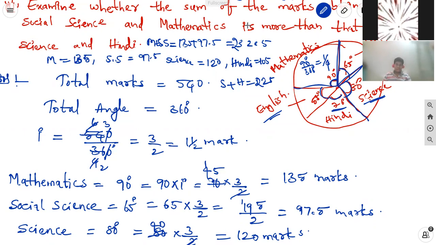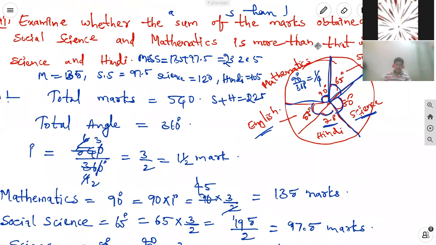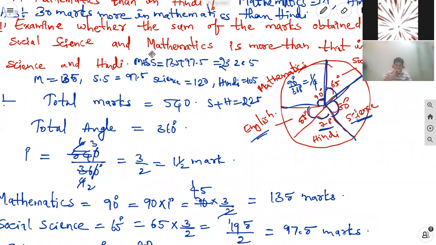Examine whether the sum of the marks obtained in social science and mathematics is more than that in science and Hindi. Exactly, mathematics and social science marks are more. How many marks more? 232.5 minus 225, that is 7.5 marks more.